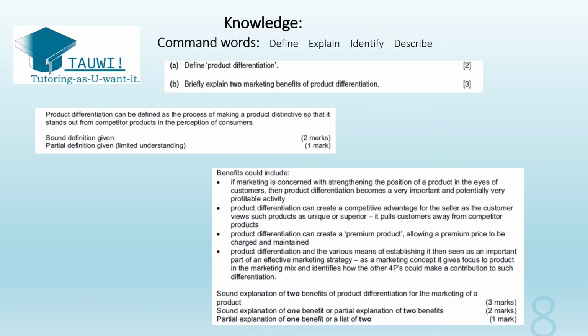Right, so product differentiation. Oh, I love this question. I've seen this many times. Product differentiation, remember, is where you differentiate your products from your competitors. They've got similar products, but yours must be different so that people choose yours. And then give an example of that.